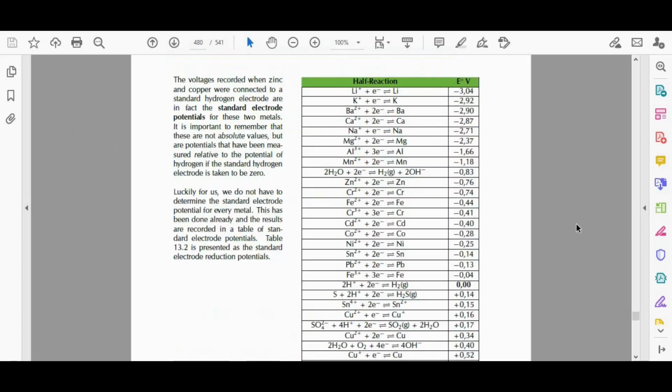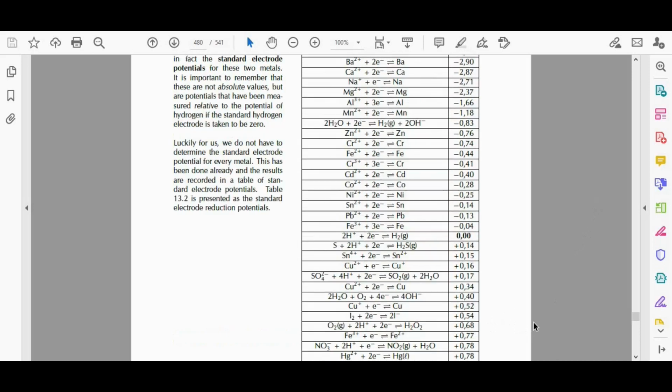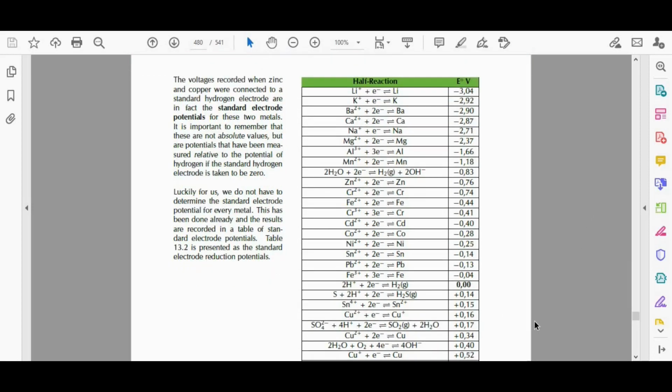In the textbook, they've given us the table of standard reduction potentials, or standard electrode potentials. In brackets they put reduction.